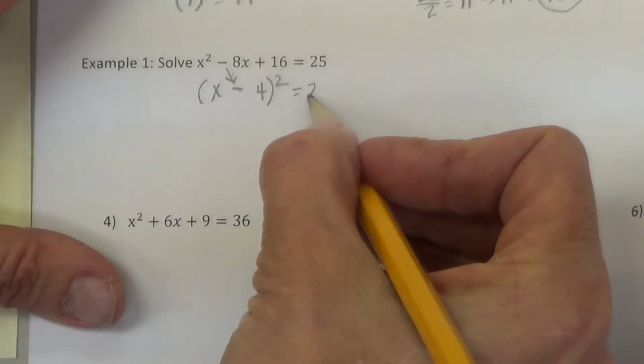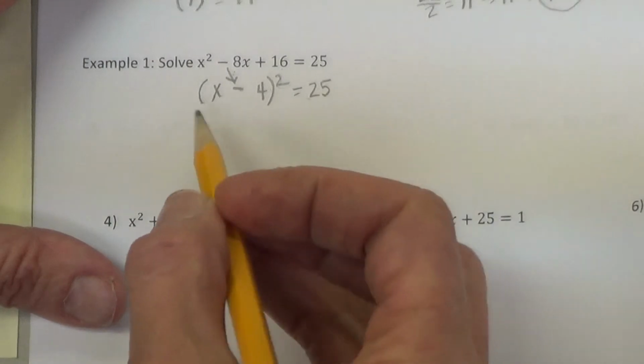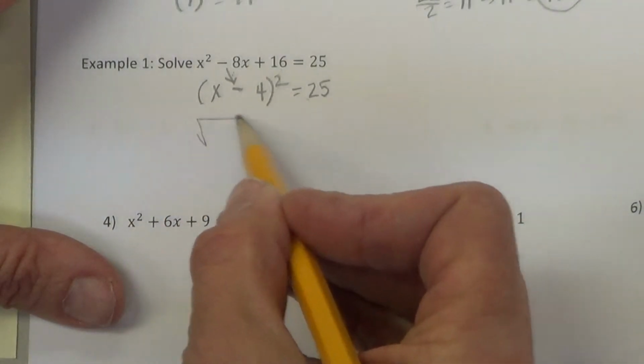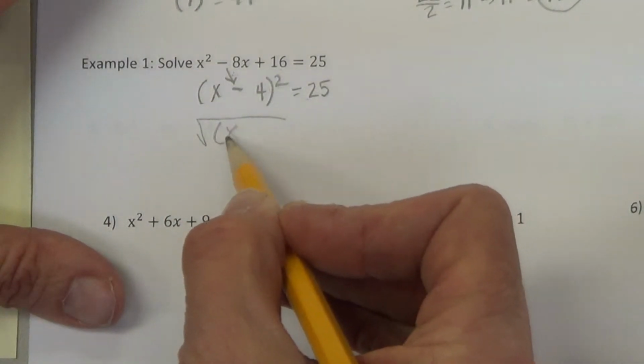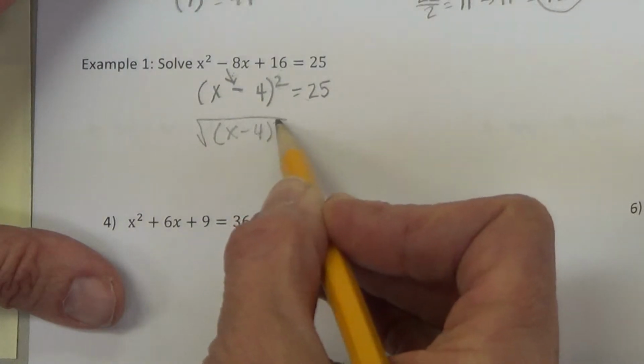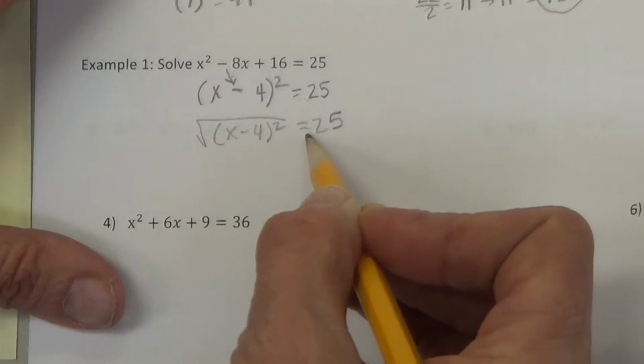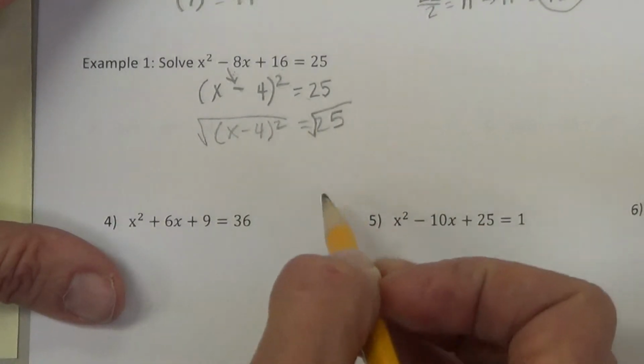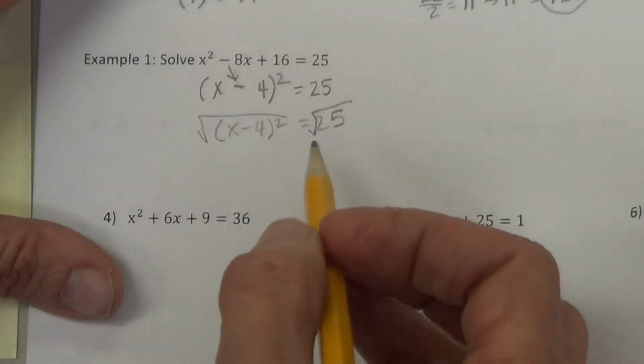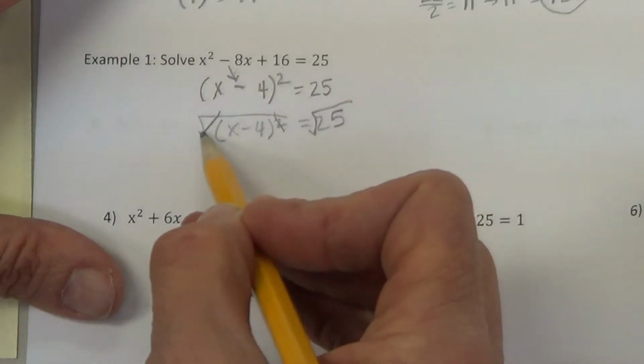Equals 25. Now we want to get that x alone, so we take the square root of this side, x minus 4 squared, equals 25. And what we do to one side, we have to do to the other, so we take the square root of that. The square root and the square cancel.